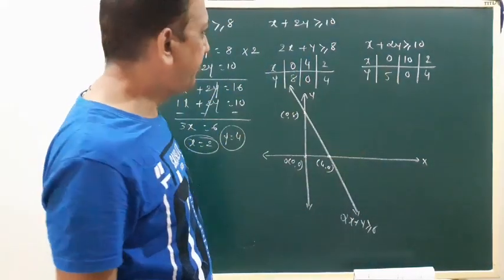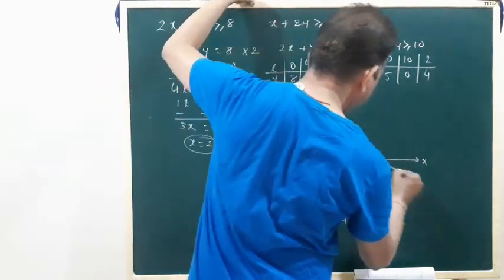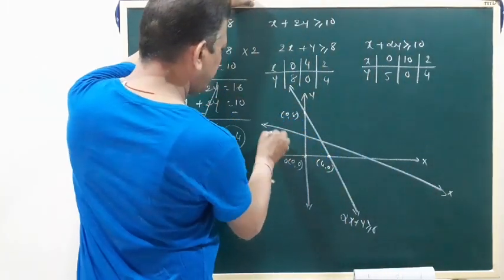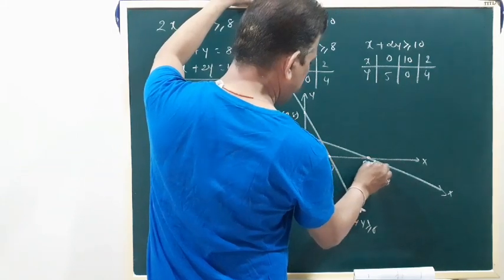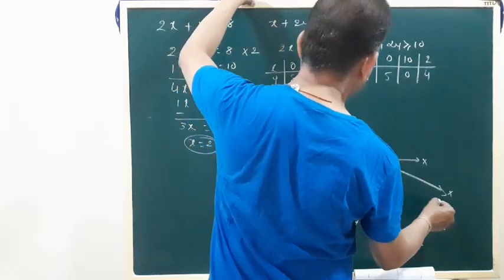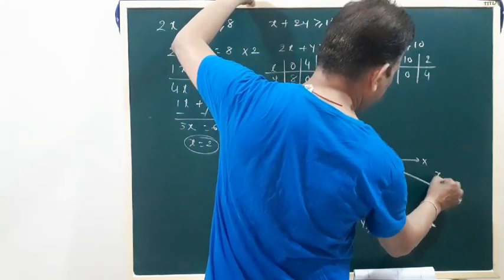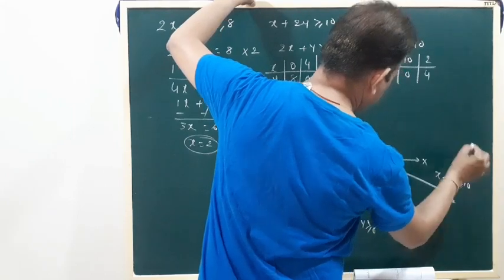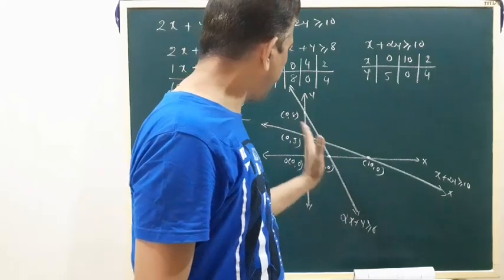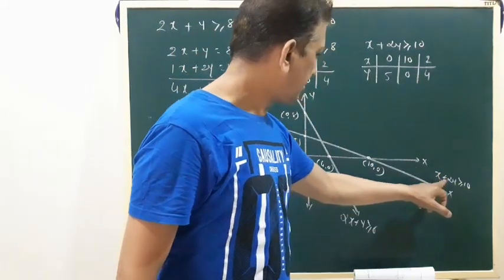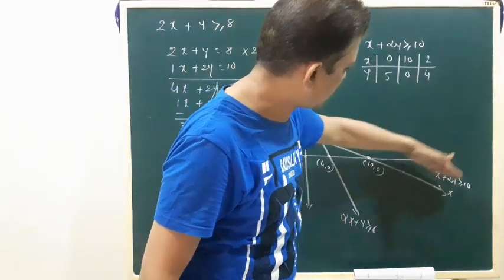Now the second graph, 10, 0 and 0, 5. 10, 0 is here and 0, 5 is here. The second line is x plus 2y greater than or equal to 10. It also does not satisfy 0, 0, so also the upper part of this line.